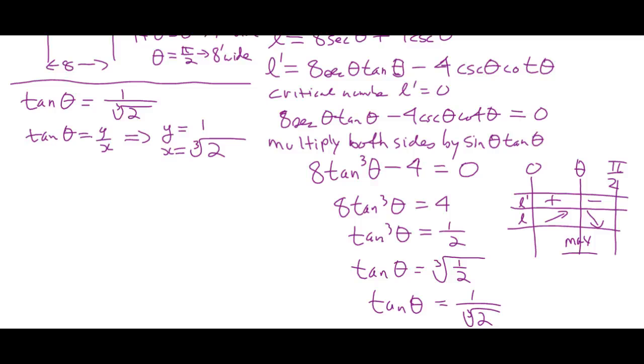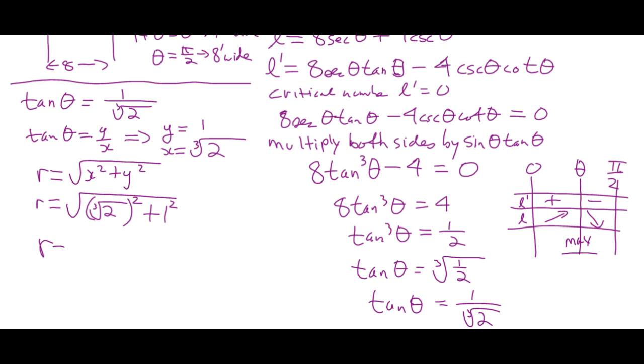We know that r is the square root of x squared plus y squared, which is the square root of the cube root of 2 squared plus 1 squared. The cube root of 2 squared is 2 to the 2/3, plus 1. So that's our r.